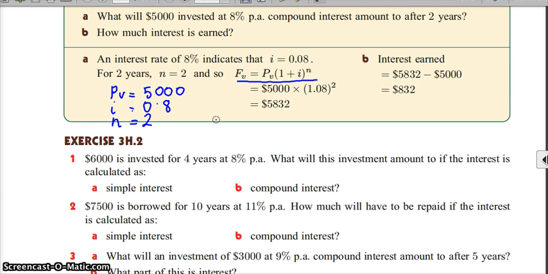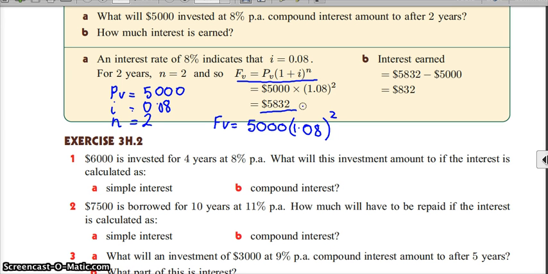It looks like this, that our future value equals 5,000 times 1.08, sorry, Ash, I didn't write that down properly, raised to the power of 2. Okay? Because our 8% is 8 divided by 100, which is 0.08. Yeah? Future value equals 5,000 times 1.08 raised to the power of 2.